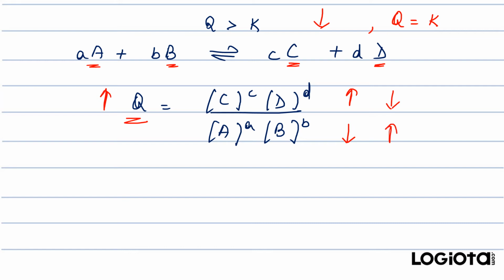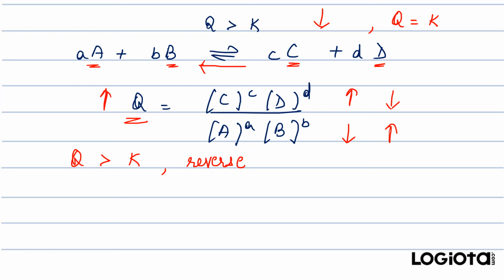How can it do that? It will move in the reverse direction such that C and D will be consumed and more of A and B will be formed. So if Q is greater than K, then the reaction will move in the reverse direction such that the value of Q will decrease and become equal to K.